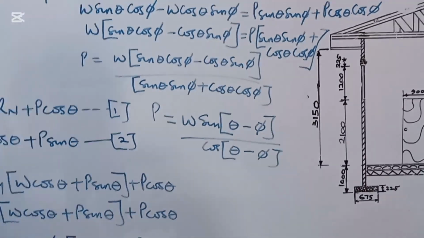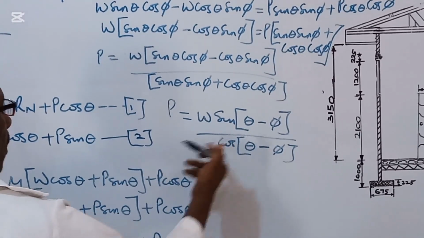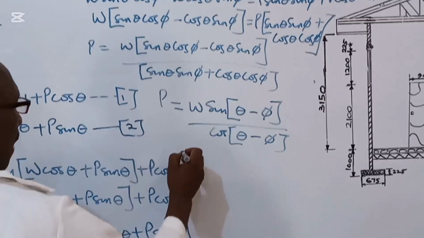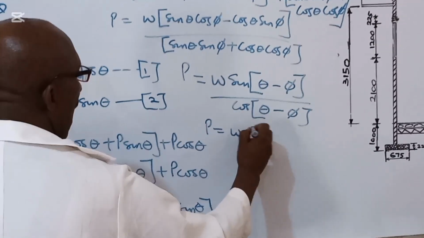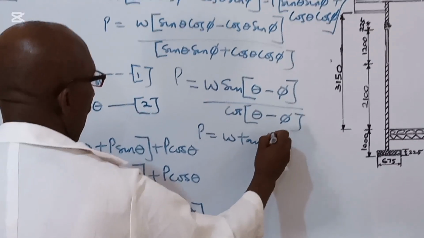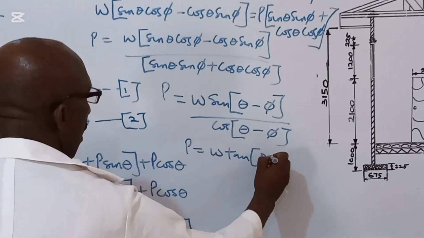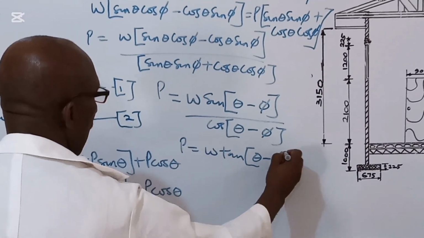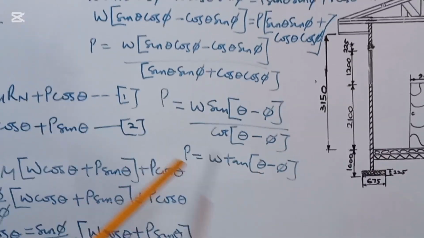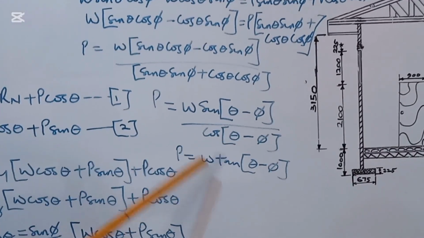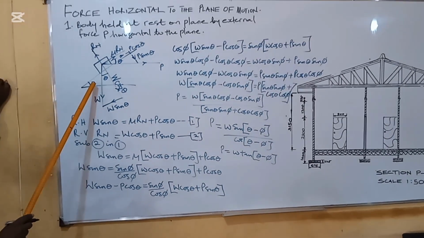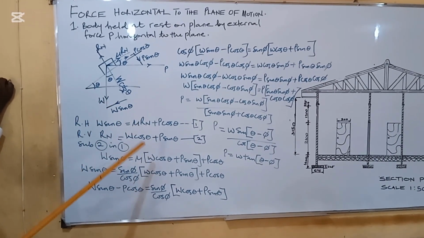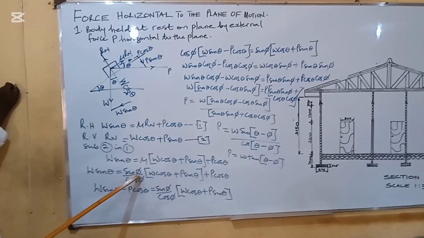Are we there? Now, of course, we know that sine upon cos gives us tan. Therefore, we have P is equal to W tan open bracket theta minus phi. All right. Now, this is the force required to hold a body up an incline of theta when the angle of friction is phi.